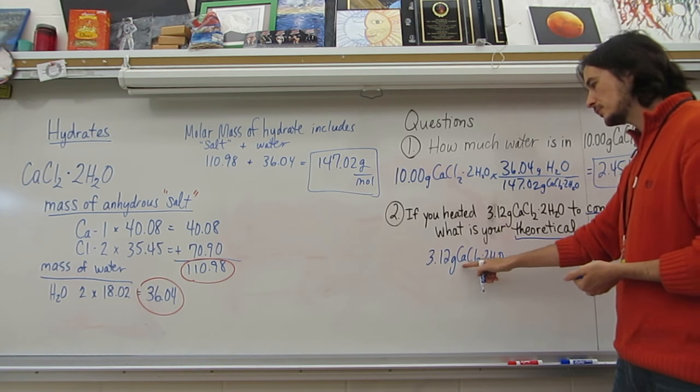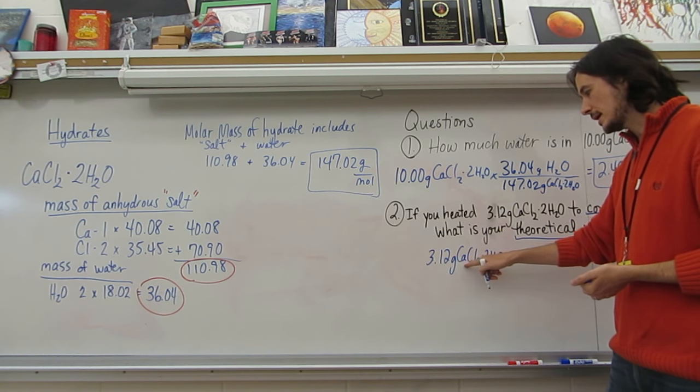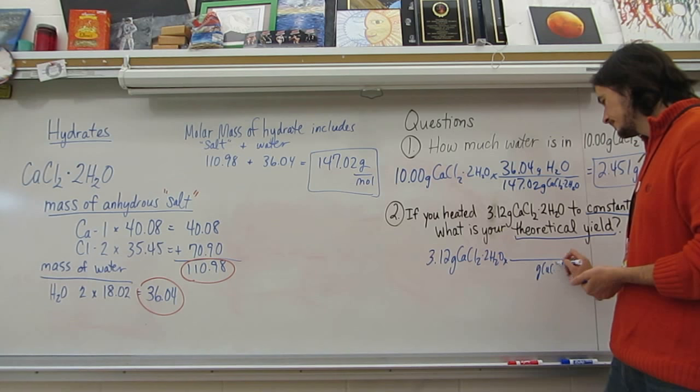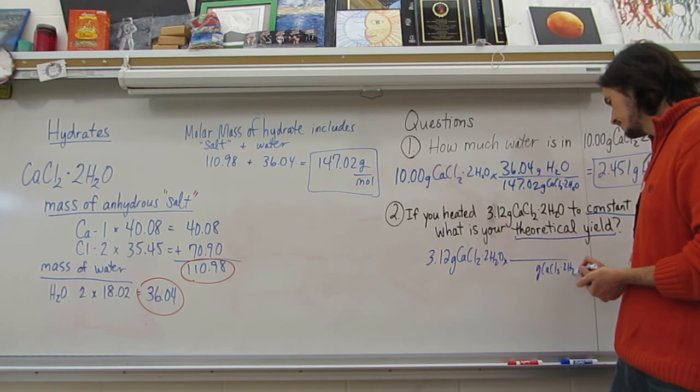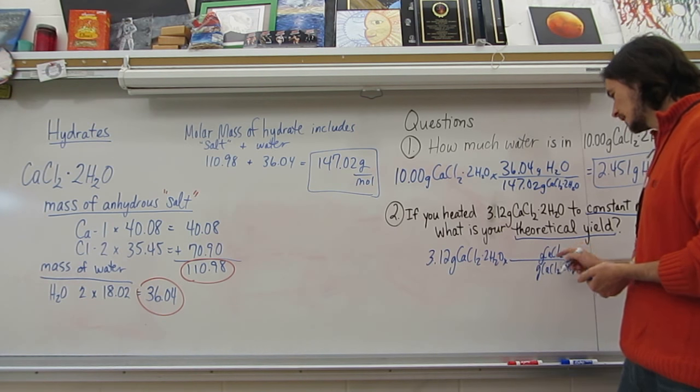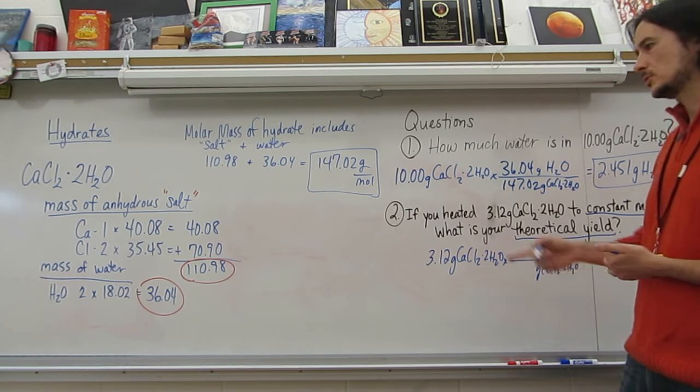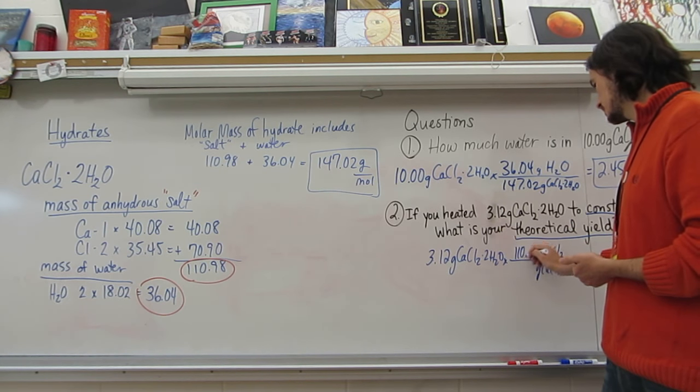But I need a conversion factor. I need grams of calcium chloride dihydrate to be in the denominator, and grams of calcium chloride anhydrous in the numerator.